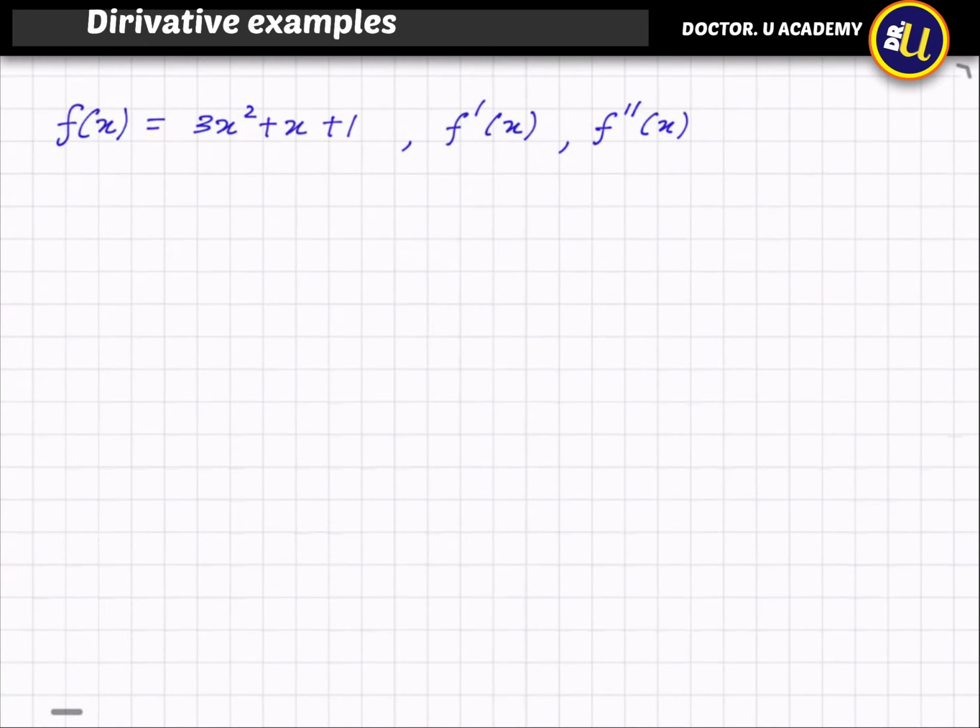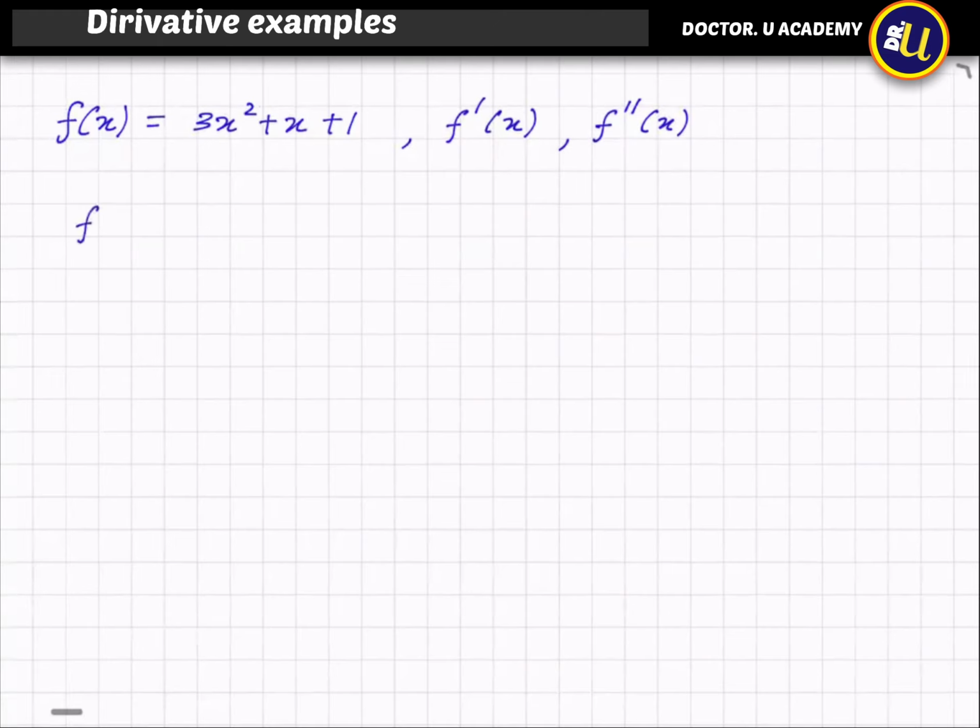Okay, so now here f(x) function is given to you, 3x squared plus x plus 1. You need to find f dash x and f double dash x. So firstly we will find f dash x. So you know f dash x is nothing but d/dx of f(x). So if you do that, this is very easy. So it's going to be 6x plus 1, right?